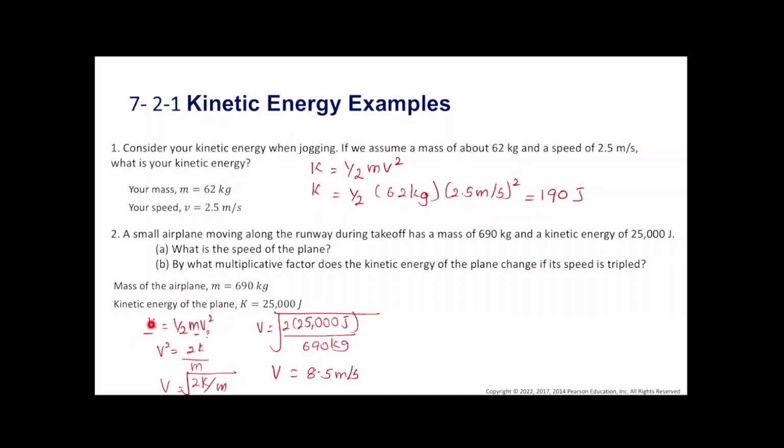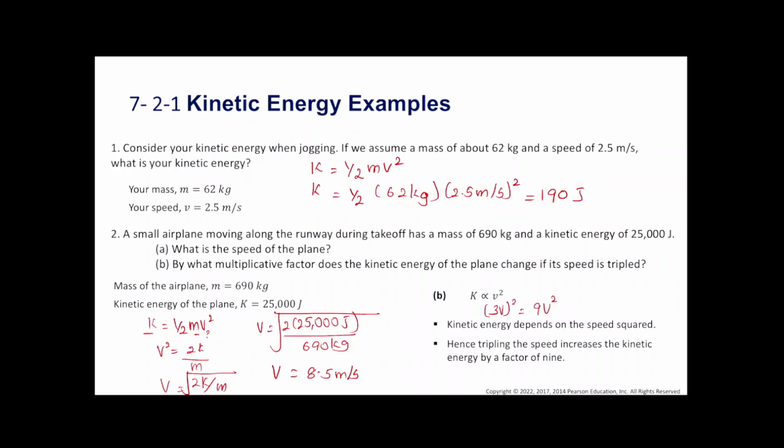Therefore we can say that K is proportional to speed squared, v squared. Therefore if we triple the speed, it should increase the kinetic energy by a factor of 9. If we triple, this is (3v) squared, which is 9v squared, and therefore the kinetic energy is increased by a factor of 9.